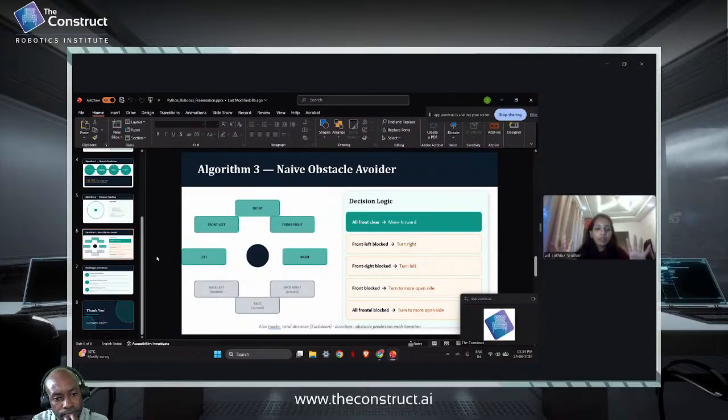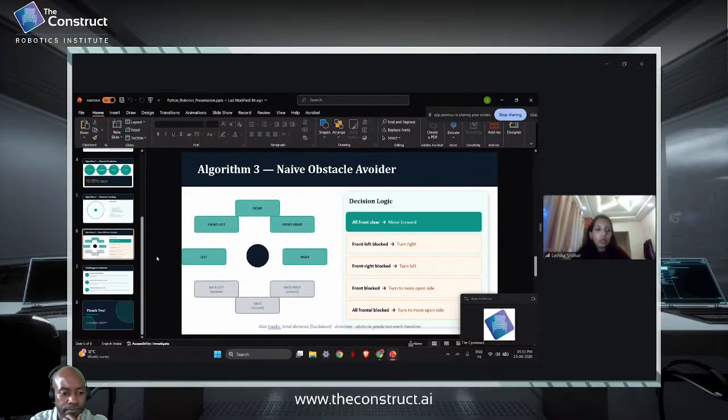And if the entirety of the front region is blocked, the robot compares available space based on the yaw values and turns towards the more open direction. During the execution, the algorithm also continuously tracks the robot's total distance using the Euclidean distance calculation along with its current distances and the obstacle prediction.